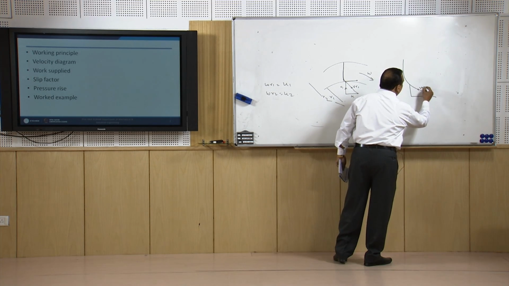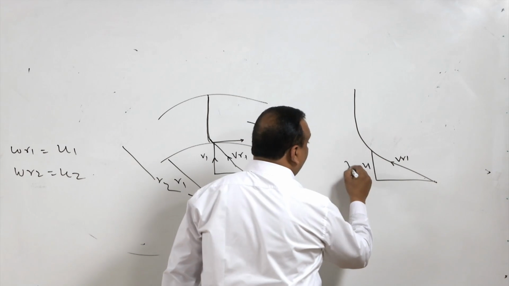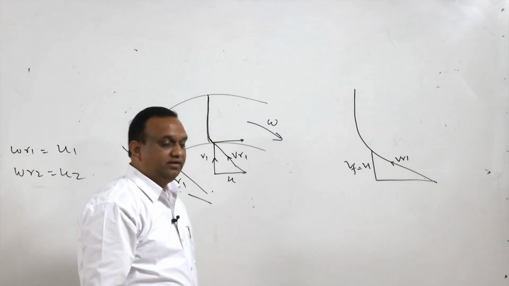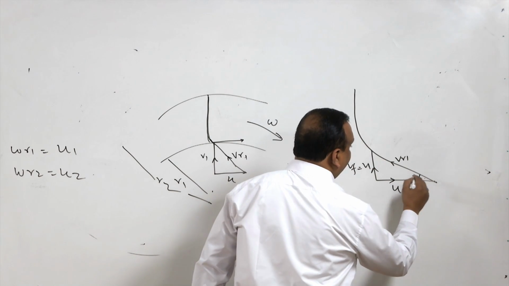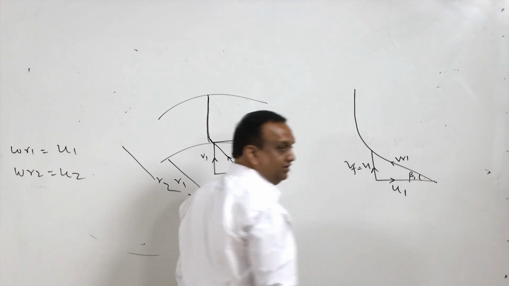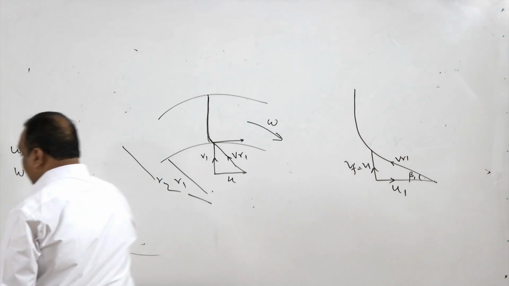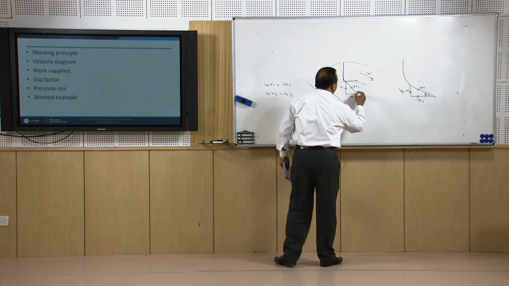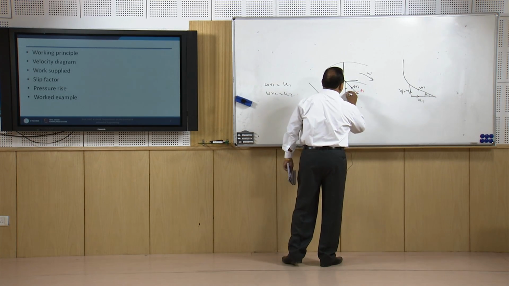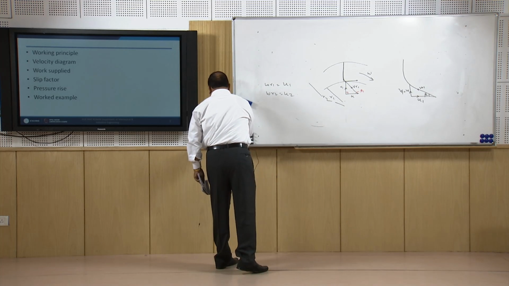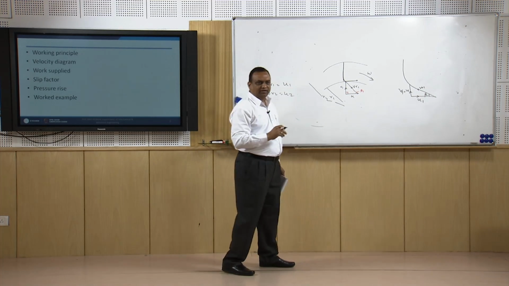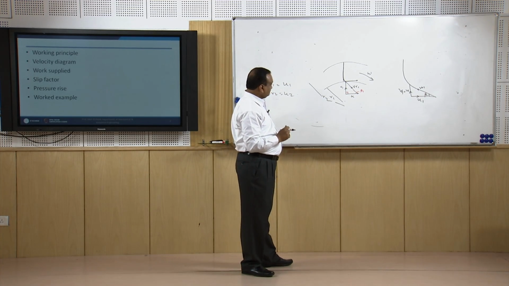This is VR1, V1, which is also the velocity of flow, and this is U1, and this is the blade inlet angle, and this is the nozzle inlet angle, that is 90 degrees, as we call in turbines, right.